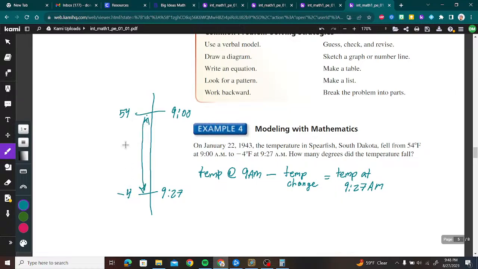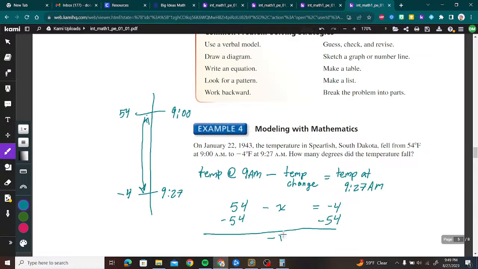However, with this being an algebra question, although this is a valid way to solve it, I think that a verbal model is probably more appropriate. So 54 is the temperature at 9 a.m. minus some unspecified temperature change is going to equal -4.